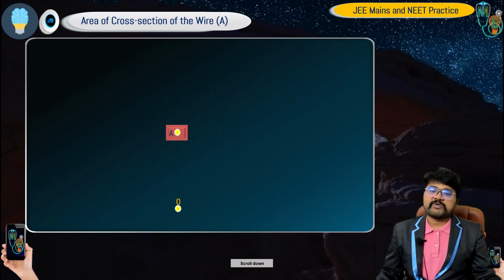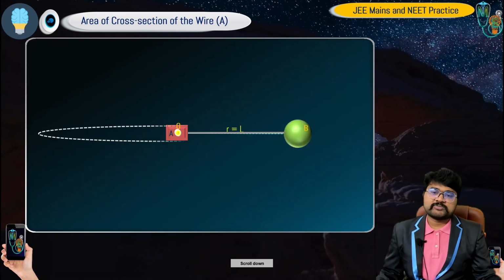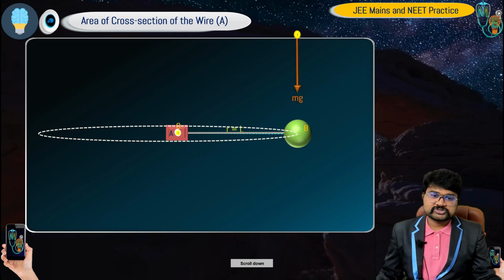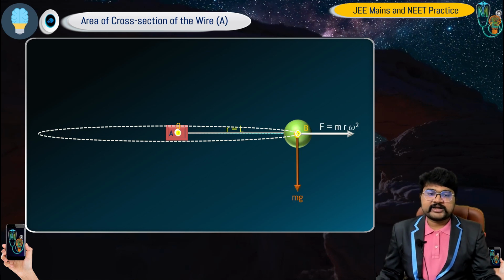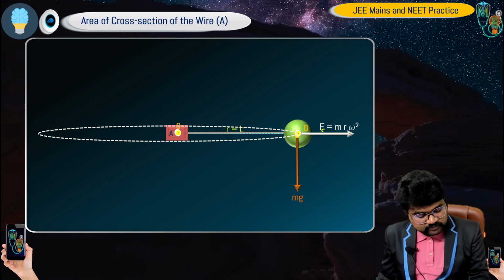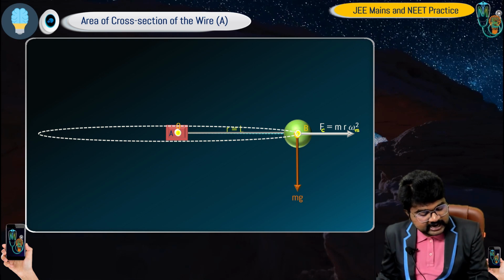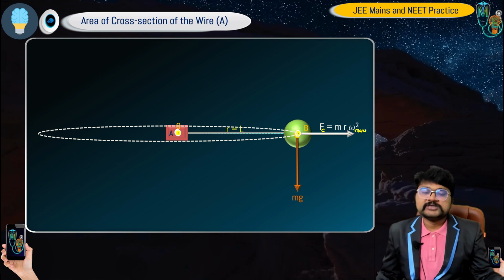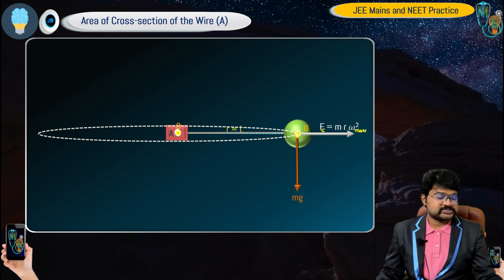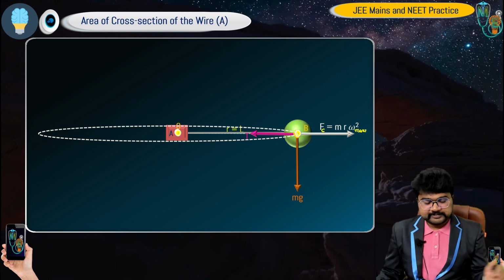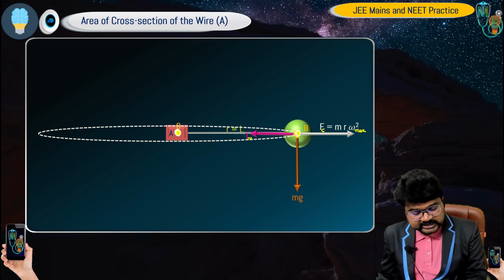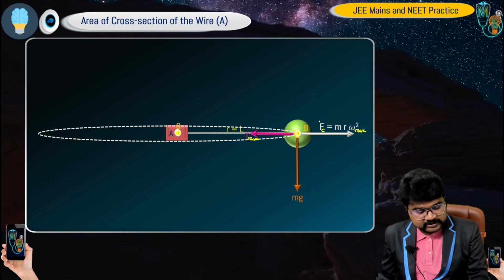Area of cross section of the wire, and it is in horizontal circular motion. Weight always acts vertically downward. Centrifugal force always acts away from the center of rotation of the circular path. Tension always pulls the body. This is the maximum tension induced in the wire.